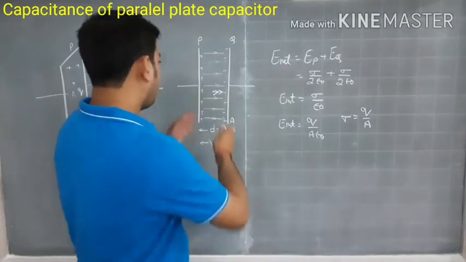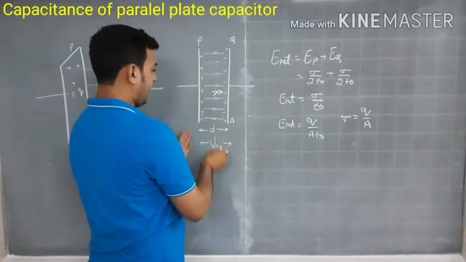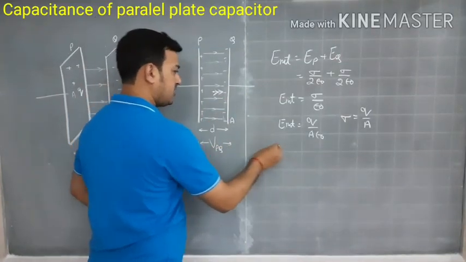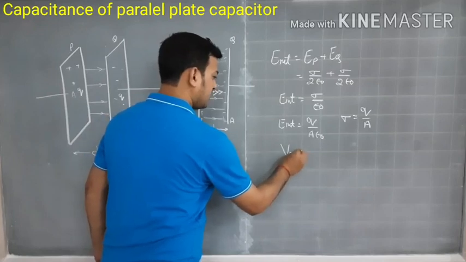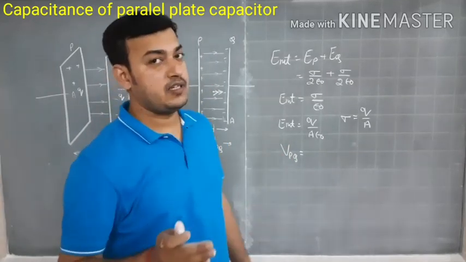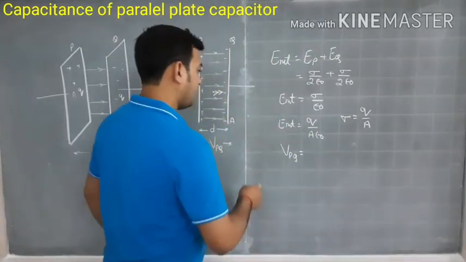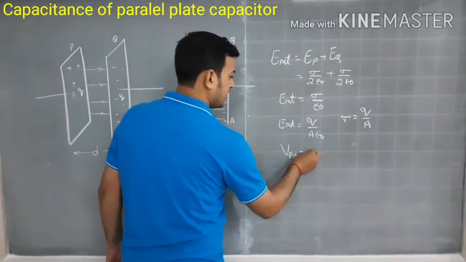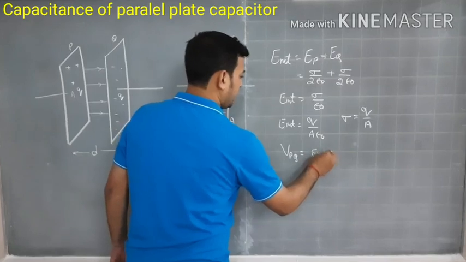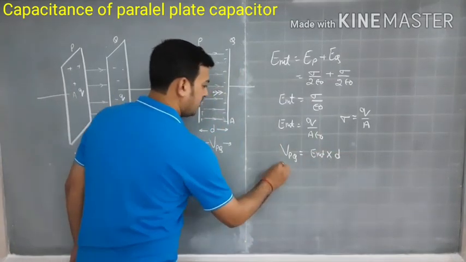Since the field is known between the plates, I can easily calculate the potential difference between the plates, using the relation of electric field with potential, which says that the potential difference is the electric field multiplied by the separation.